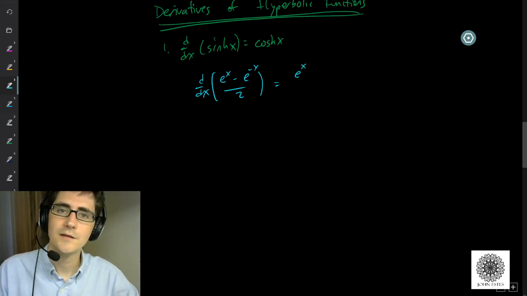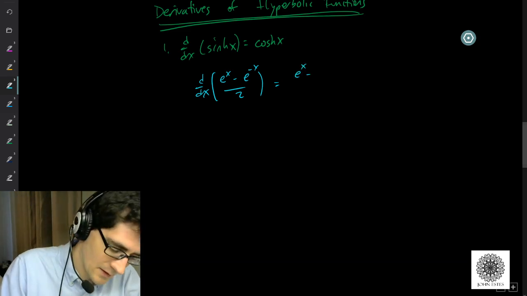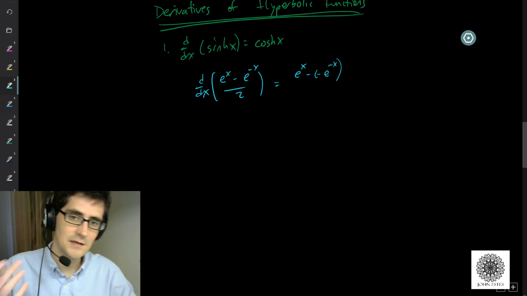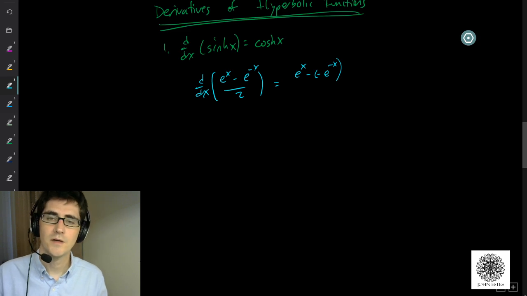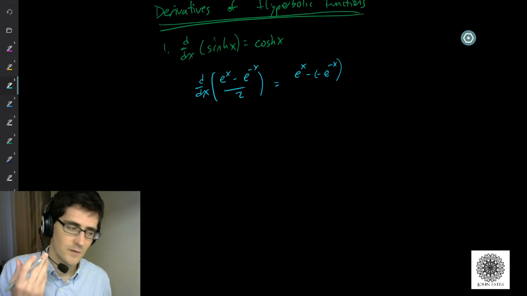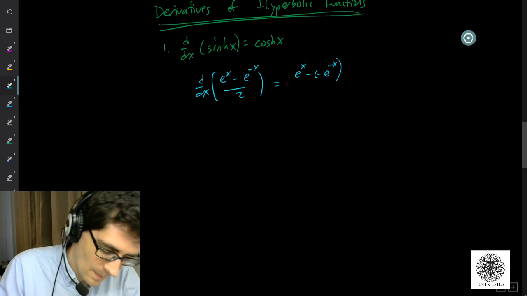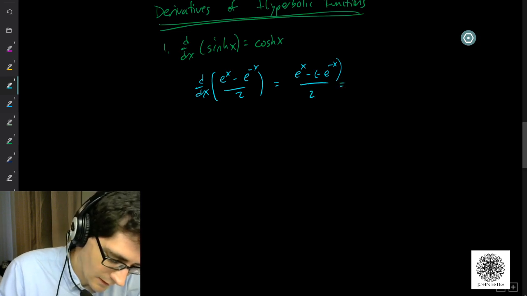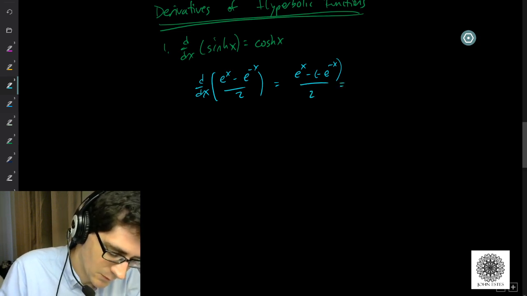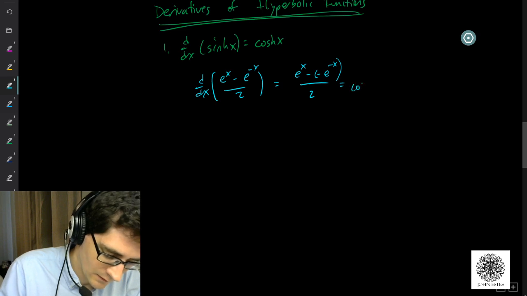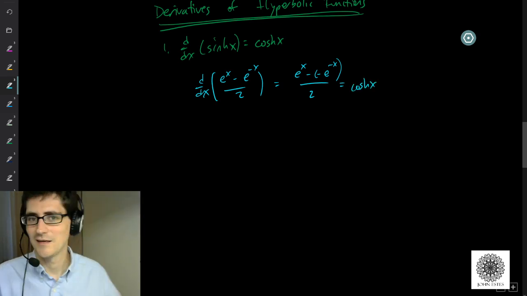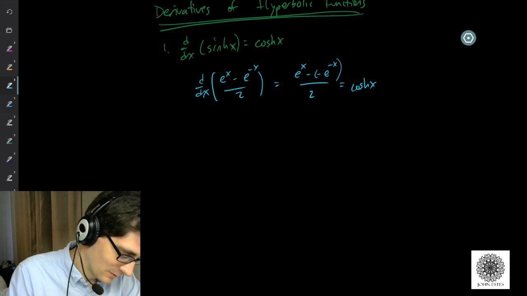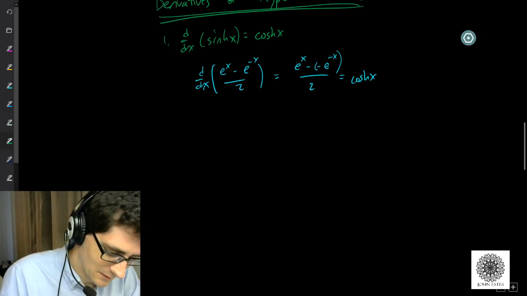When I take the derivative of e to the negative x, I get negative e to the negative x, because it's e to the negative x times the derivative of its exponent, which is negative 1. Over 2, and so that minus in the middle becomes a plus, and I end up with cosh x. That's exactly how it works. It's pretty incredible.